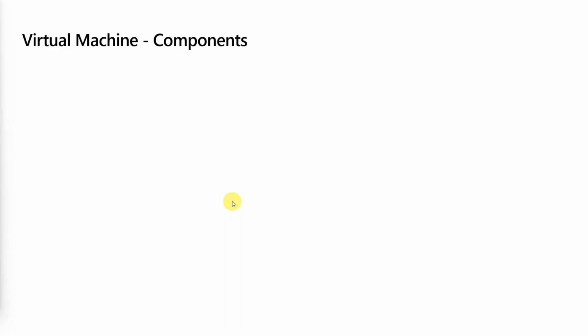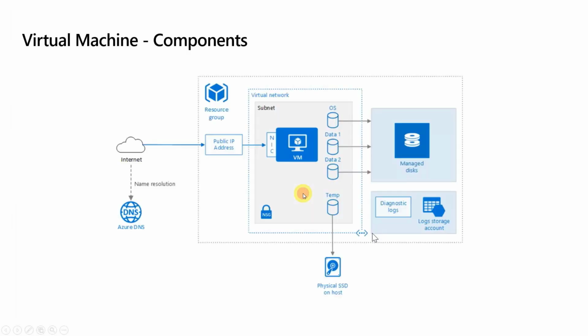Storage, network, yeah, storage, network, very good. Okay, good. So this is the typical architecture of one VM, all the components. Okay. So this is specific to Azure.